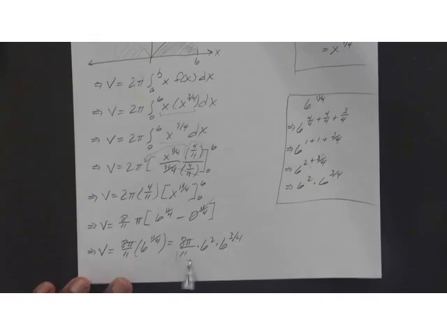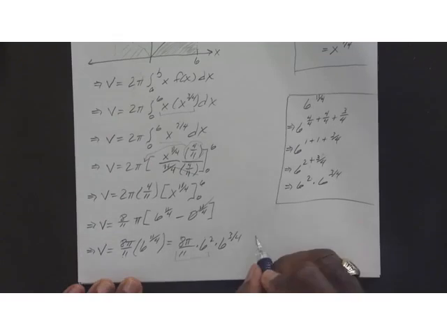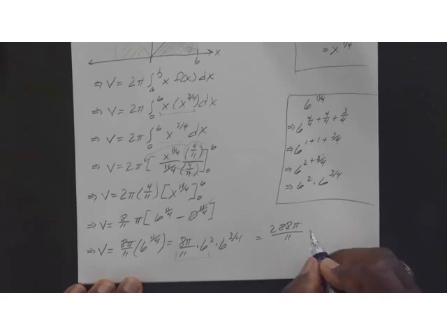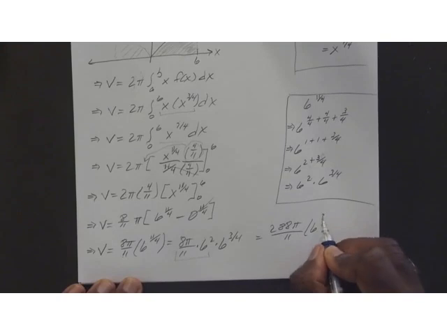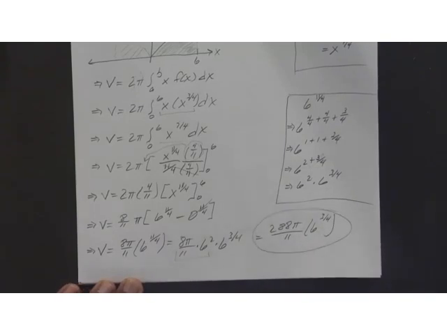Now we can actually go ahead and multiply 6 squared by 8. So that gives us 288 pi over 11 times 6 to the 3/4 power.